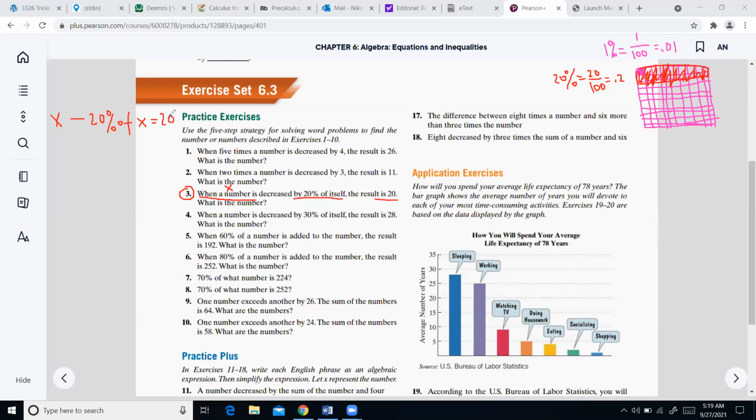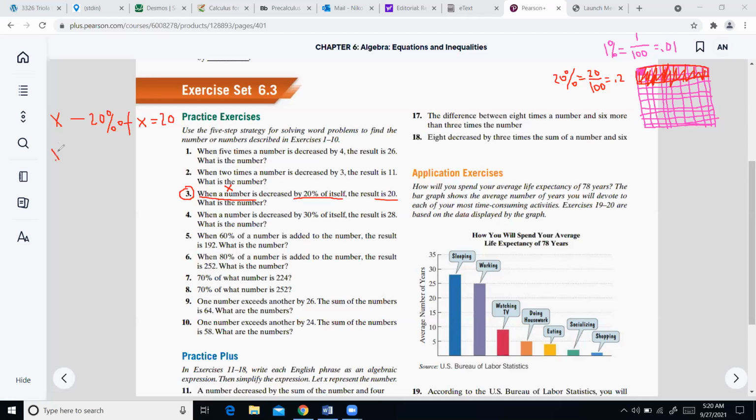Please notice that an equation is quite straightforward to produce. You just need not hurry when you read the question, and write all the things that appear in your question. Instead of number, I use X, decrease means minus, and is means equals. Once I have the equation, I will try to solve it.